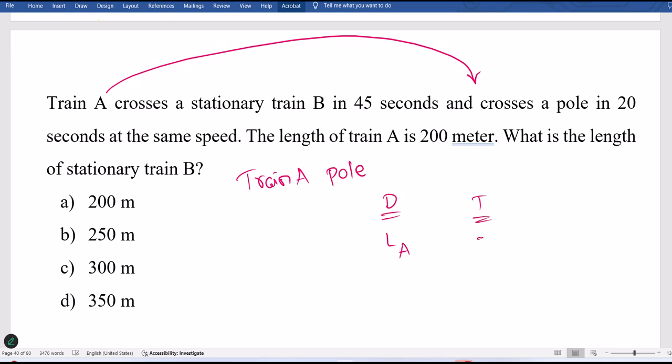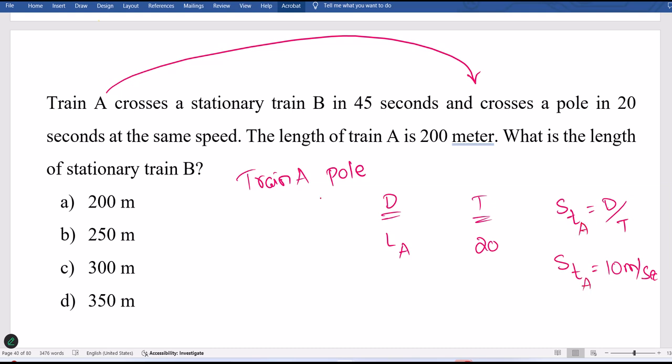The timing they've given is 20 seconds, so obviously the speed will be the speed of the train, nothing but distance divided by timing. Distance is 200, timing is 20 seconds. We got 10 meters per second as the speed of train A.